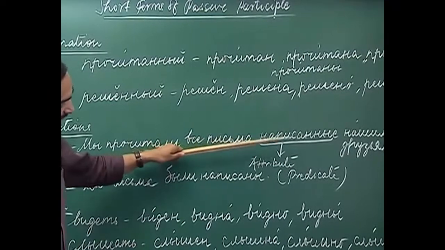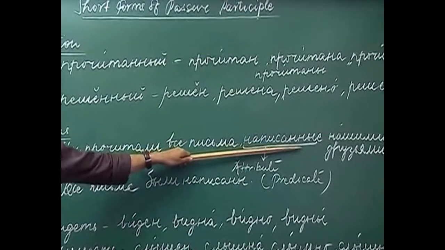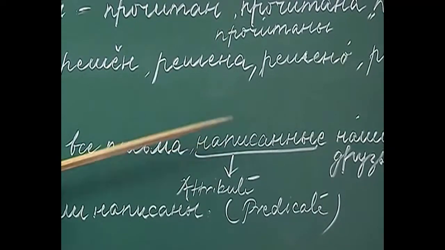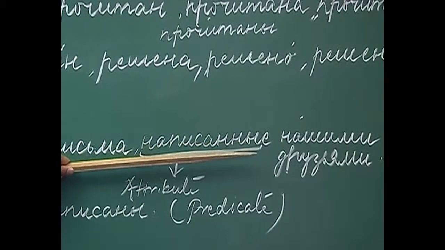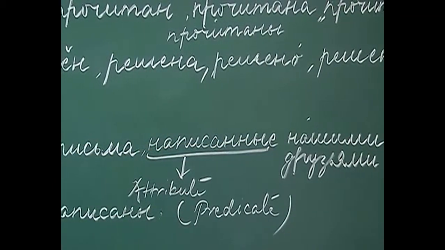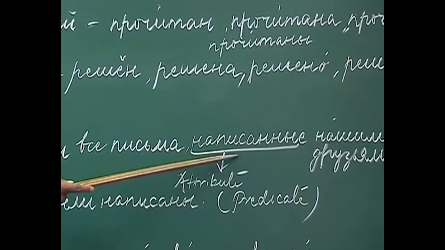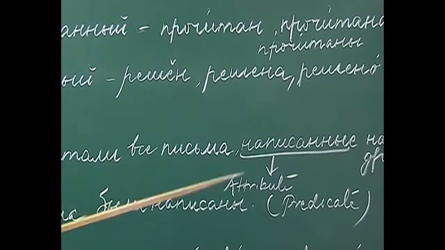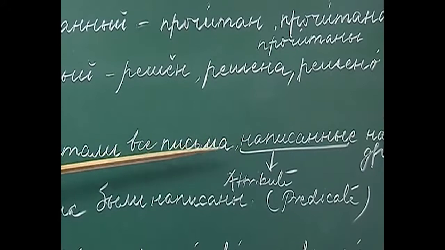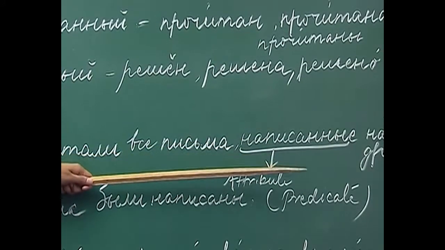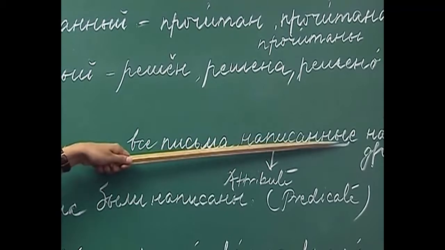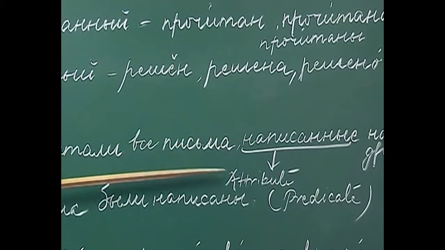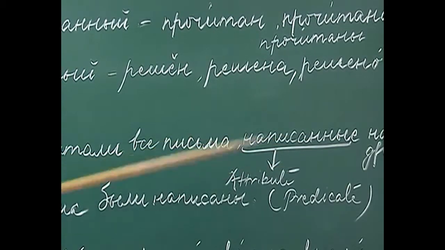So, here we are using the full form of the past participle passive. From napisach we form the past participle passive napisanni. As you can see, this napisanniye qualifies the noun pisma. So, it is functioning as an attribute to the noun or like an adjective.